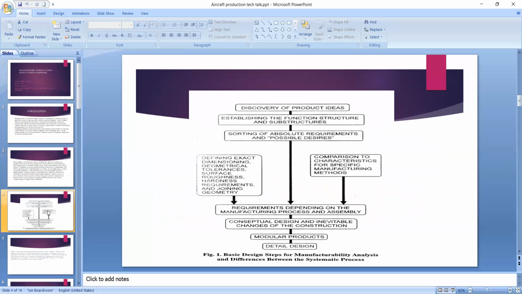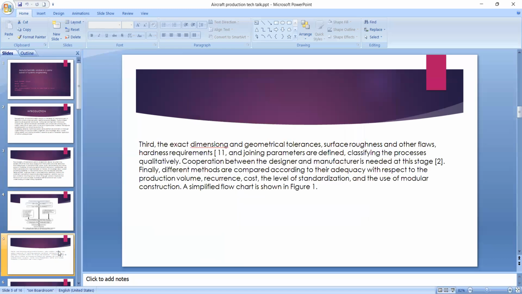These are the basic design steps for manufacturability analysis and the difference between the system process. The exact dimension and geometrical tolerances, surface roughness, and other flaws, hardness requirements and joining parameters are defined, classifying the process.